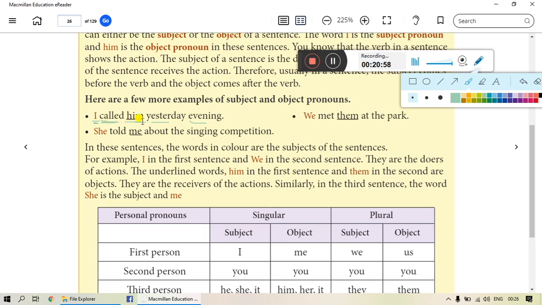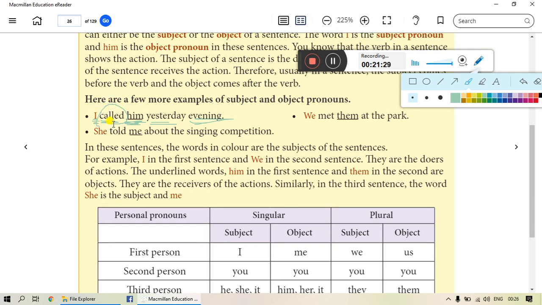Him is again being used at the place of someone's name. It can be Ram, Shyam, Manoj, it can be anyone. So him is again a name, but we have replaced the name with a pronoun. So I is pronoun, him is pronoun, yesterday is the previous day. Is it some kind of action? No, yesterday is not an action. Evening is also not an action. But called is an action because you pick something up, you're doing something.